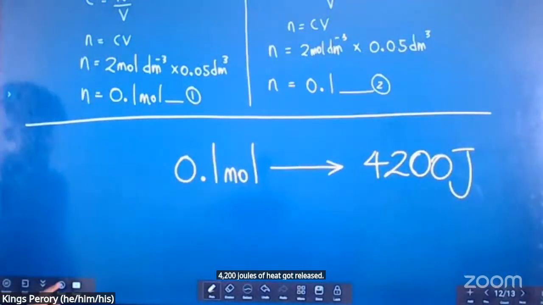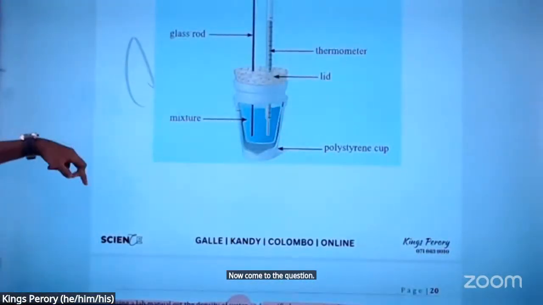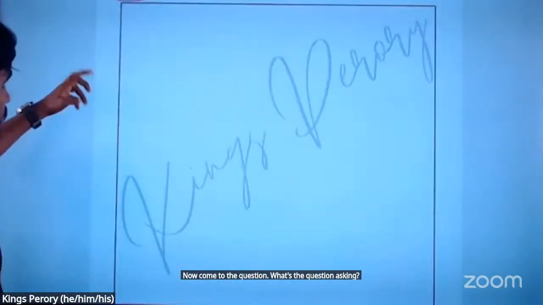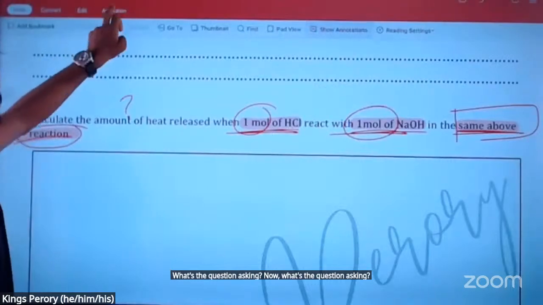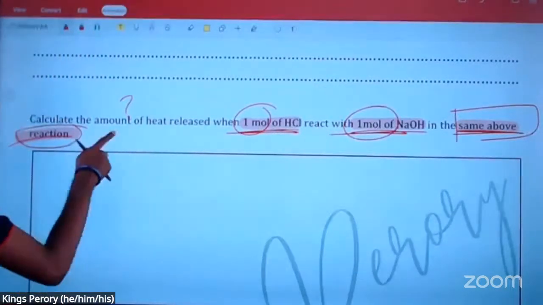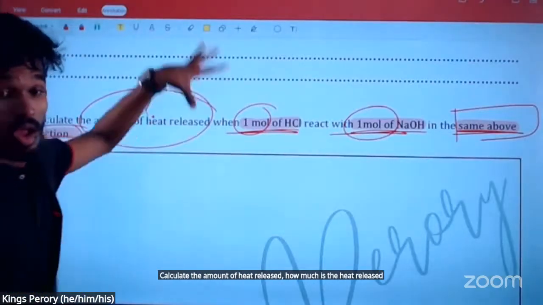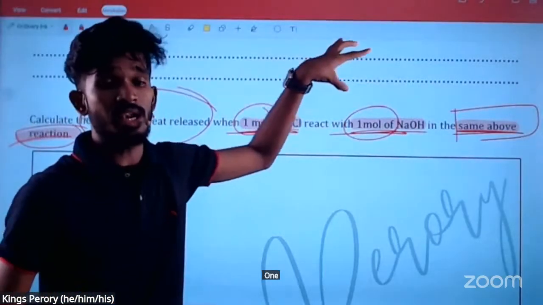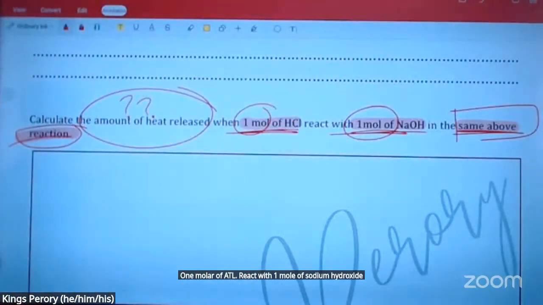Now come to the question. What's the question asking? Calculate the amount of heat released. How much is the heat released when 1 mole of HCl reacts with 1 mole of sodium hydroxide in the same above reaction?